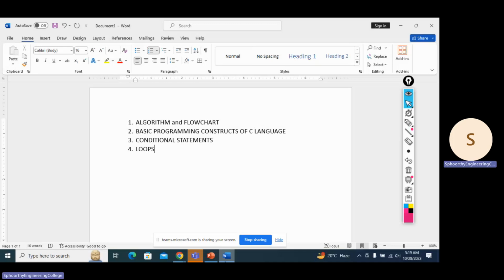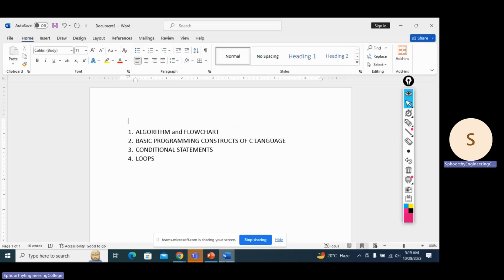So these are the basic programming constructs, and before that one should know some things which are not part of your syllabus.